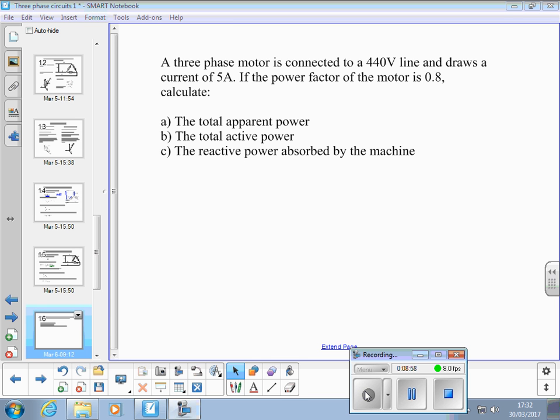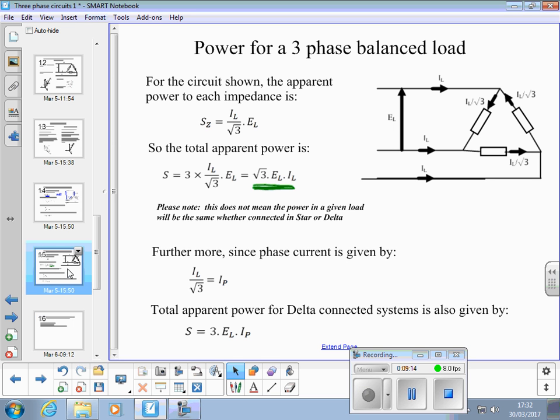So looking back at the previous slide, given that you know what the line voltage is and it's drawn a line current of 5 amps, with either of those 2 slides, can we find the total apparent power, even though we don't know whether it's connected in star or delta?